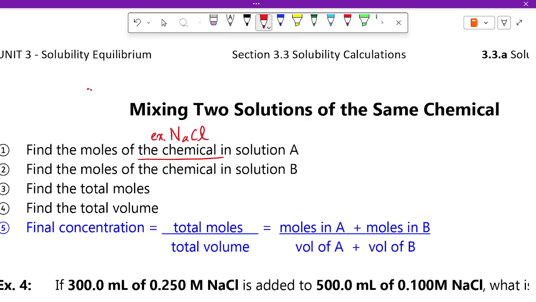So you'll find the moles of NaCl in solution A. You'll find the moles of the same chemical, NaCl, in solution B. And then you will find the total moles by adding them up. And then you will divide by the total volume. Yes?